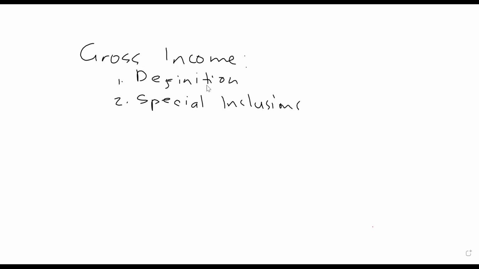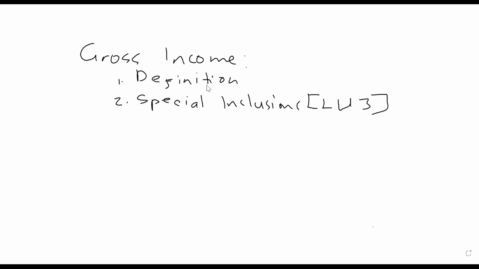I did mention that special inclusions are a topic on their own, and this is Learning Unit 3, according to your study guide. We're going to have a discussion about this after I'm done with the concept of gross income in its entirety.